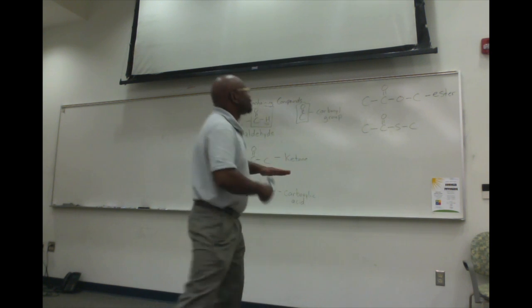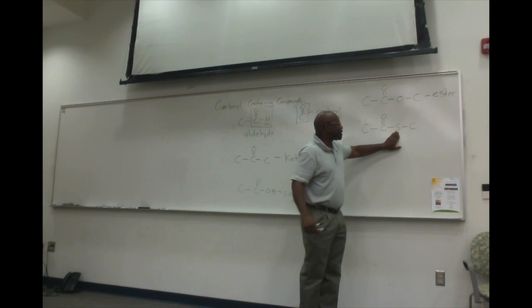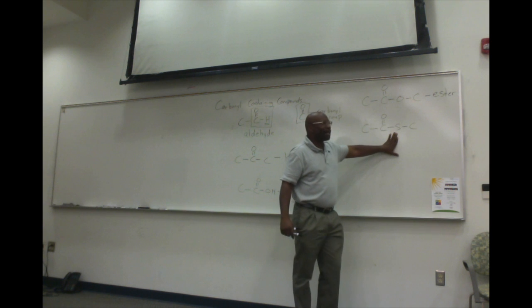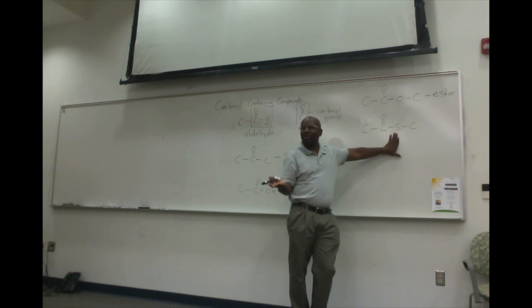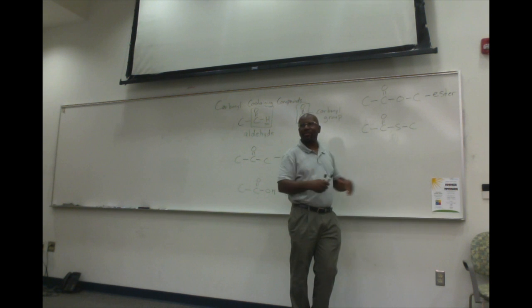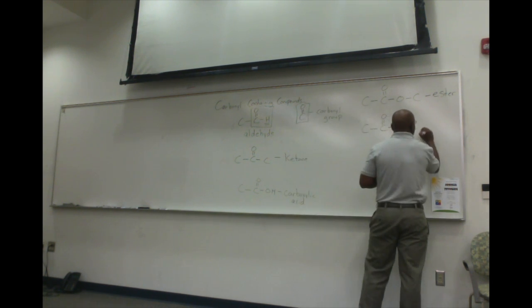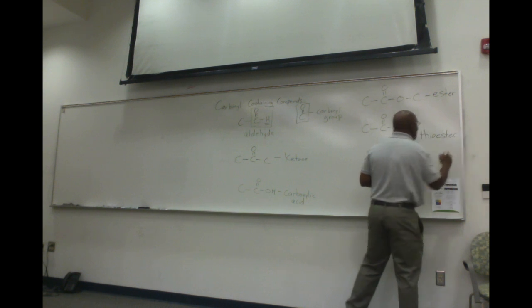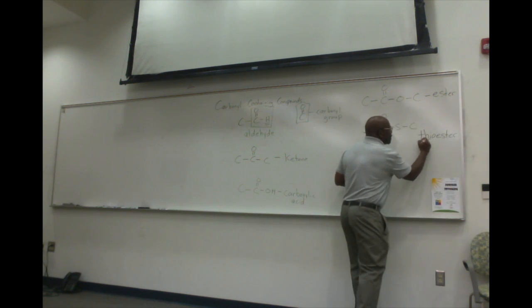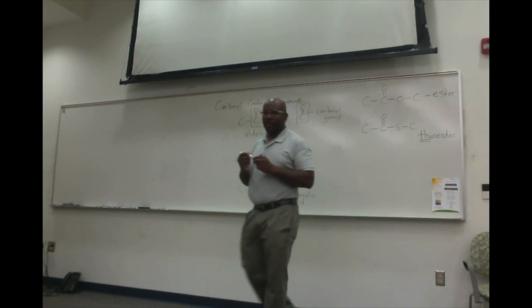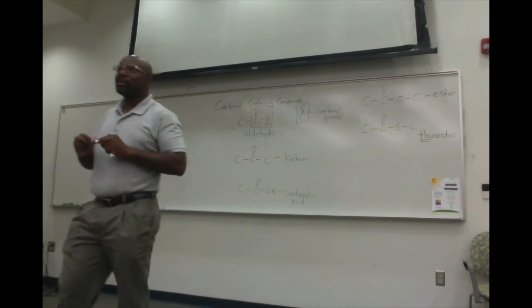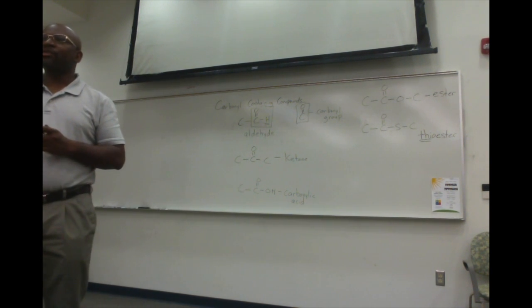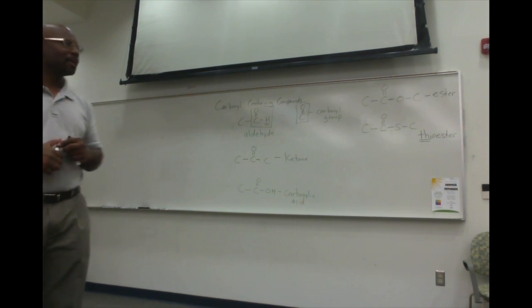If this molecule had an oxygen atom, it would be an ester. If I replace my oxygen atom with a sulfur, what name do you think we call it? Thioester. Anytime you see thio, that refers to a sulfur atom. You see a molecule with thio in it, somewhere in the molecule there's going to be a sulfur atom.